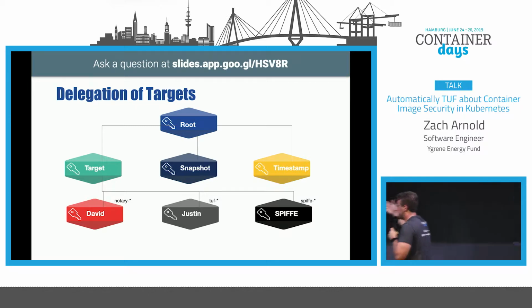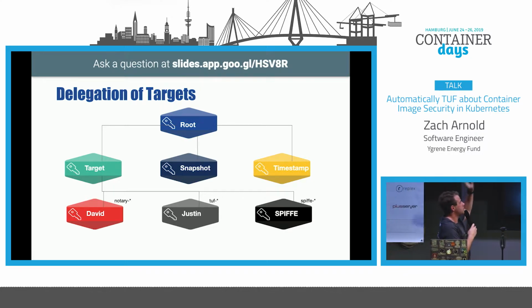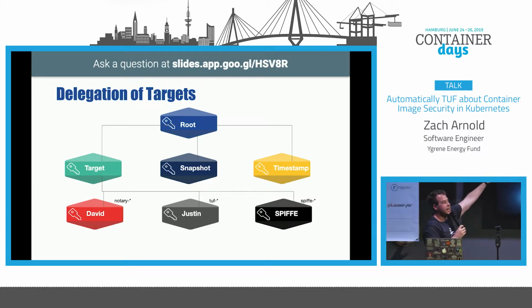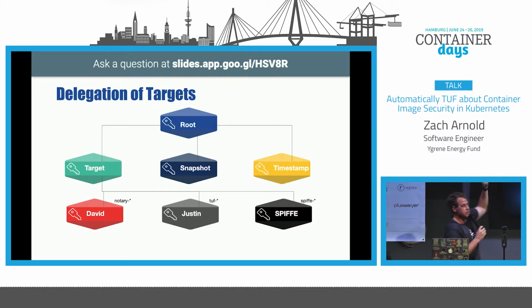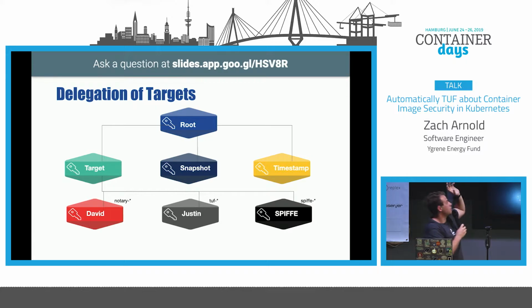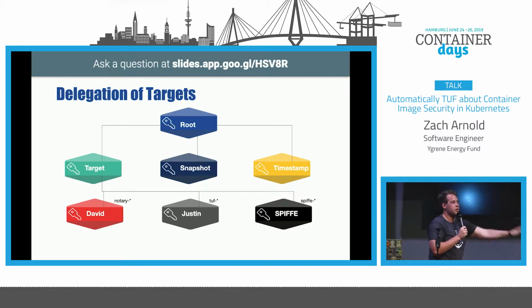And what's really cool is I can actually delegate the authority of a particular software package to other people. So I can say that David is allowed to sign any particular portion of this target that begins with notary-star. And Justin is allowed to sign anything that can be started with TUF.star or Spiffy with this particular .star. So we actually have the capability of dividing out a particular package.